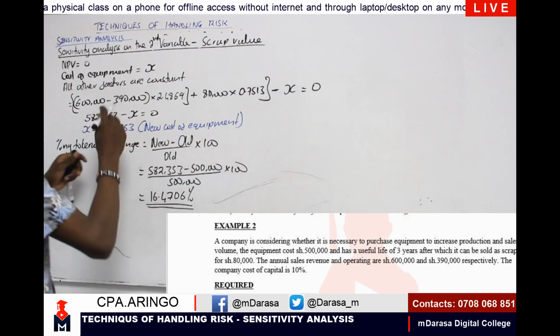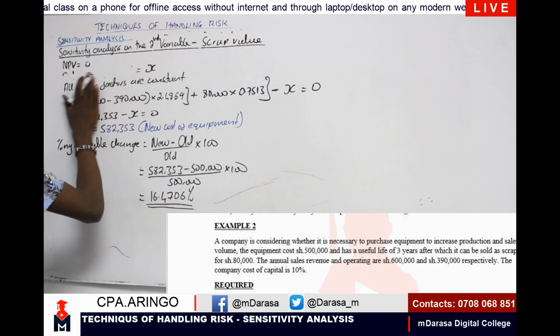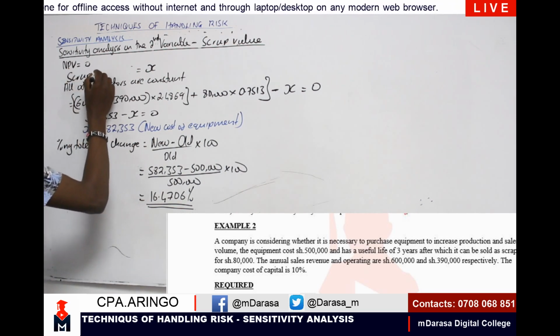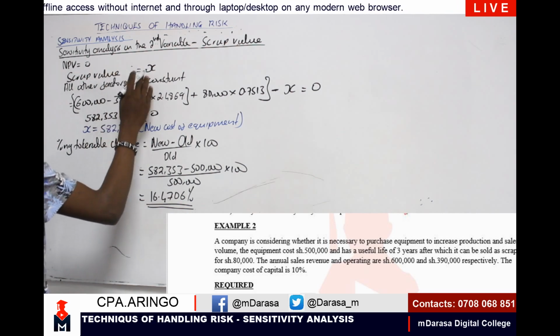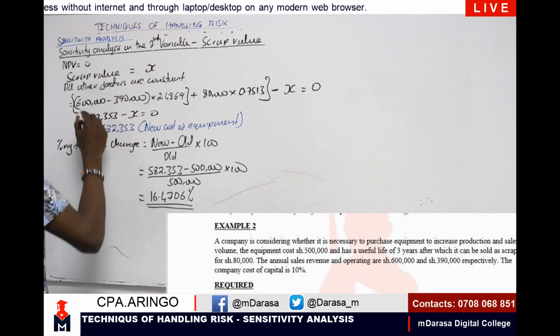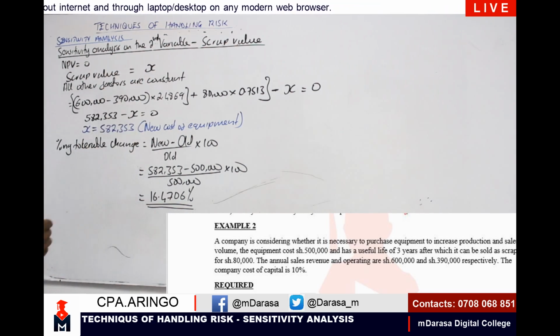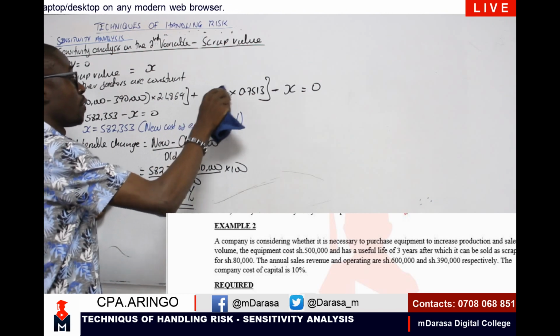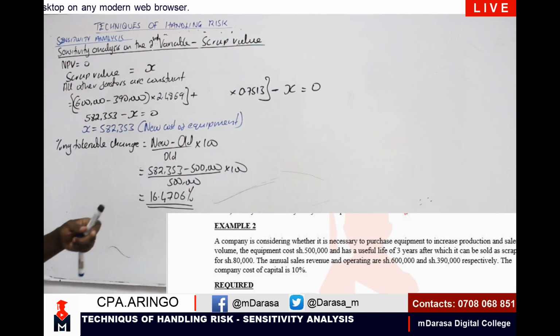So my NPV is 0. Our scrap value basically is X, all other factors remaining constant. What you are going to change here is our scrap value, which we don't have.